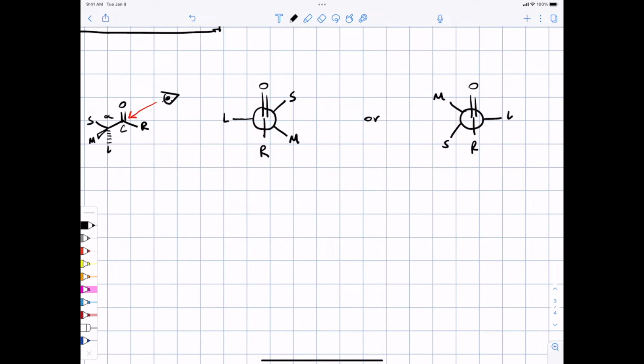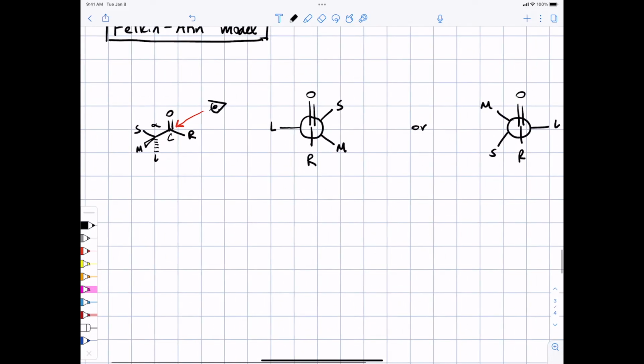Would the S be on the bottom on the left? The way we've drawn it, the S is eclipsed with the carbonyl. You know what? I think I got mixed up. If I'm looking at it from this direction, the way I've drawn it there, the small group should be eclipsed with the carbonyl.